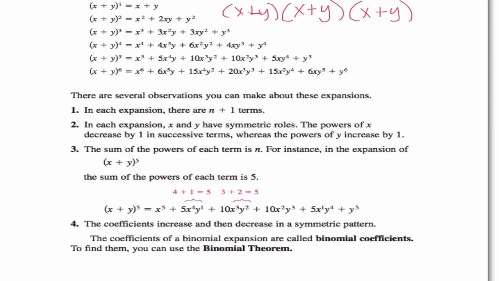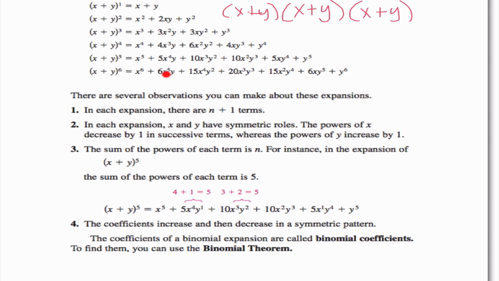And then the final thing that we are going to notice here, so there's a lot to notice, is that the coefficients increase and then decrease in a symmetric pattern. So let's look at this one again. It goes 1, 6, 15, 20, 15, 6, 1. So we notice that the coefficient for the first term is the same as the coefficient for the last term.